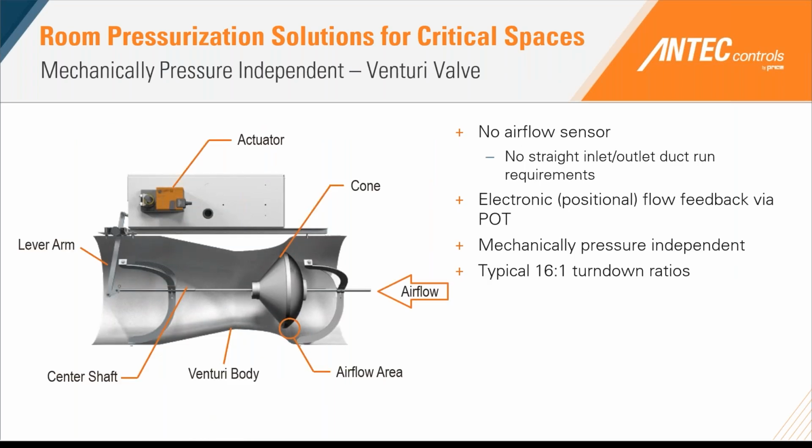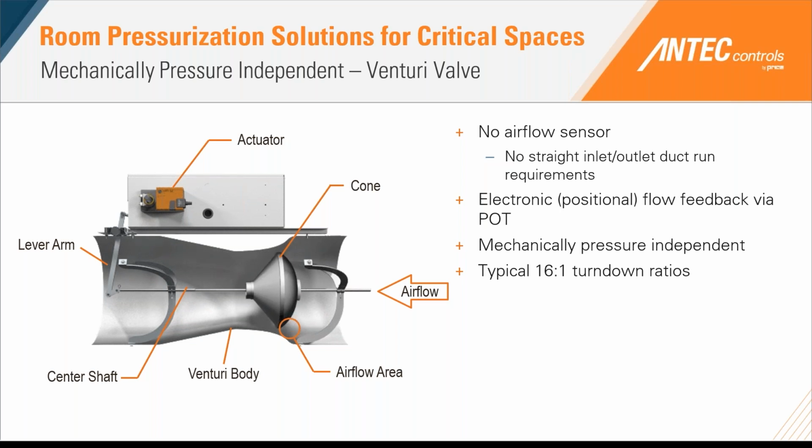So on the other end, we have our mechanically pressure independent air valve, which is going to be a Venturi valve. So the benefit of a Venturi valve is that there are no sensors inside the airstream measuring flow directly. It's utilizing an electronic feedback based off of the lever arm position to give us an understanding of what flow set point the valve is going through.